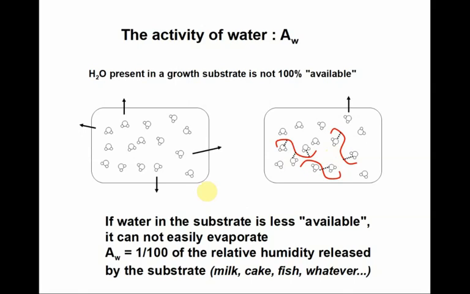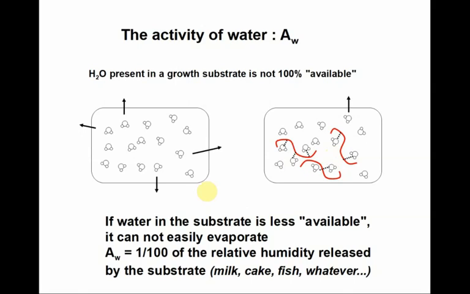If all your water is available, it can all evaporate, and it will give you 100% relative humidity in the atmosphere above it. But if a lot of the water is interacting with carbohydrates, fatty acids, protein molecules, then it won't be able to evaporate very much, and the relative humidity you'll observe over the top of this plate of spaghetti or whatever will be lower than what you get with pure water.